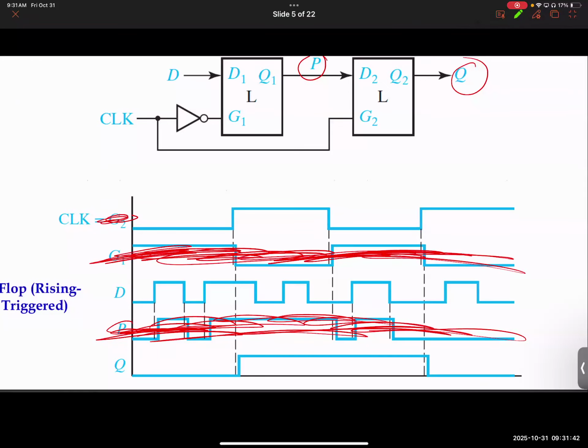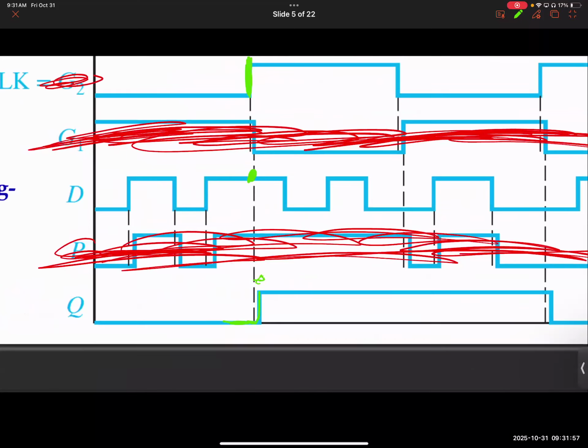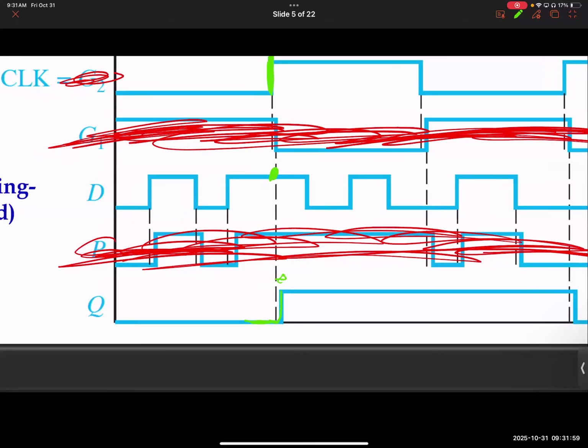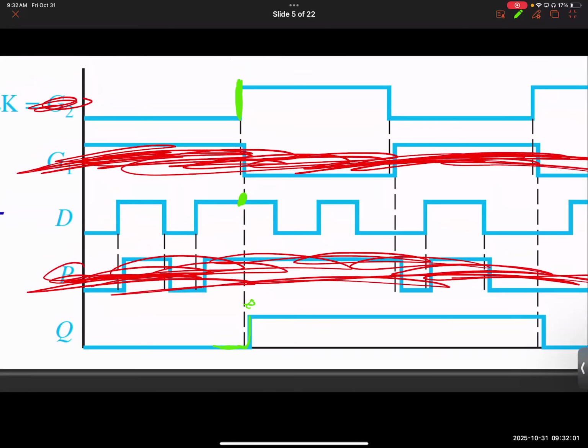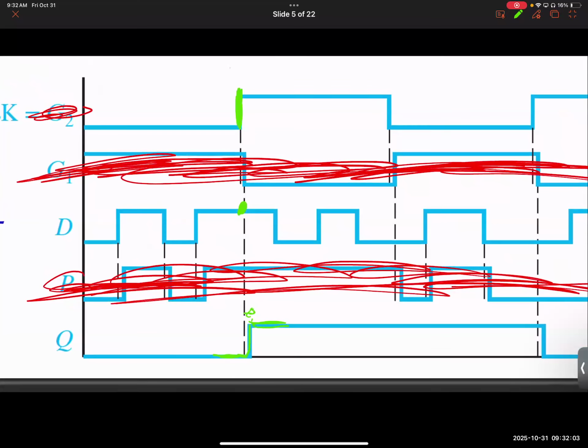First, since it is rising edge triggered, you see the rising edge first. At this point, was the data 0 or 1? 1. So your output will try to become 1 with a delay. I know it's a little bit on the lower side, but let me try to put it here. After it becomes 1, it will no longer care what happens to the data until the next rising edge, until you get to this point.